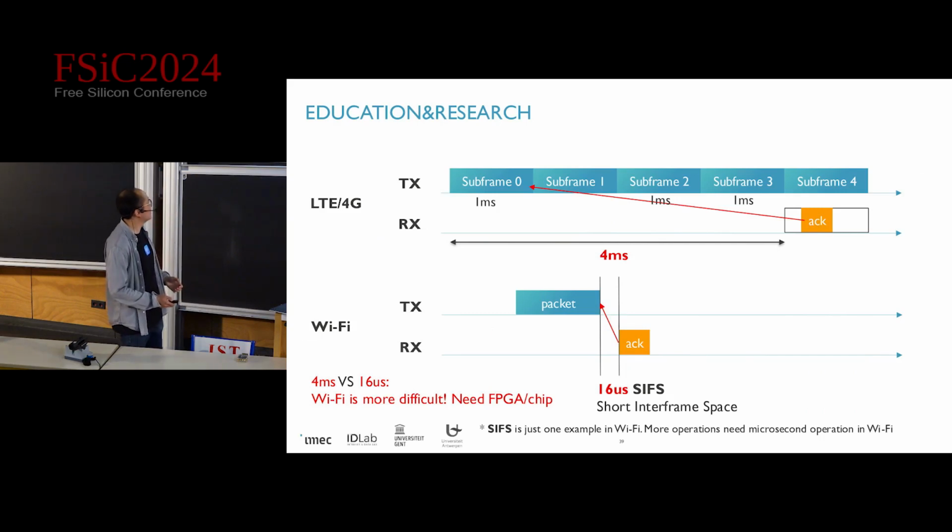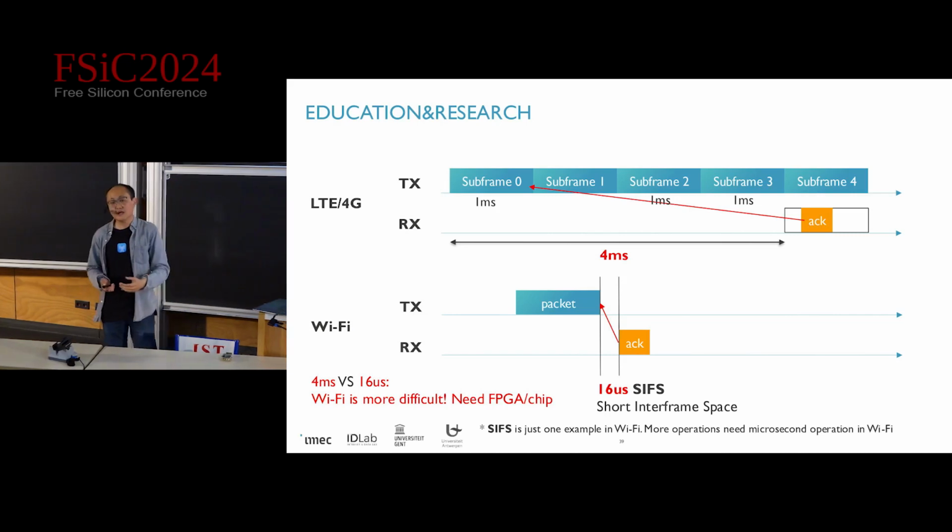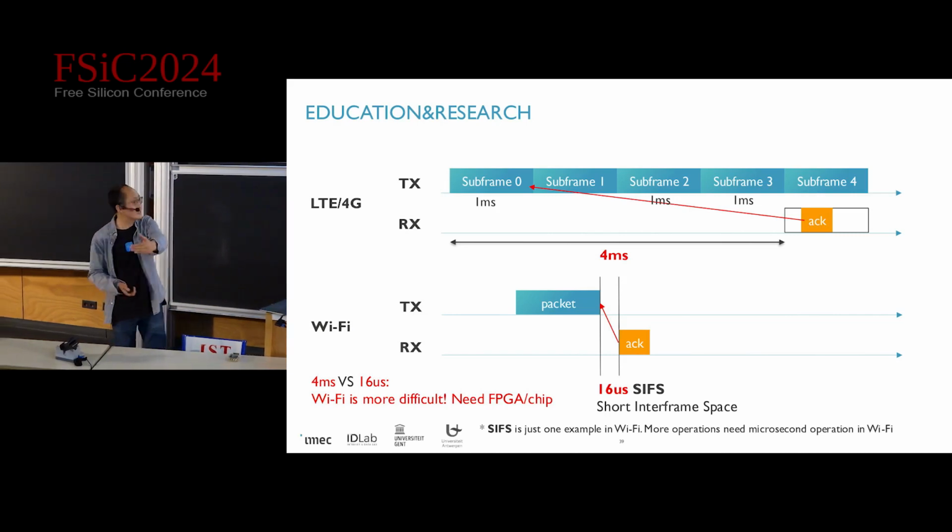The answer is very direct. Implementing Wi-Fi is more difficult than implementing cellular. Here is a small example. Why? On the top is the cellular system in LTE or 4G. After the base station sends a frame, it expects the acknowledgement after 4 milliseconds.